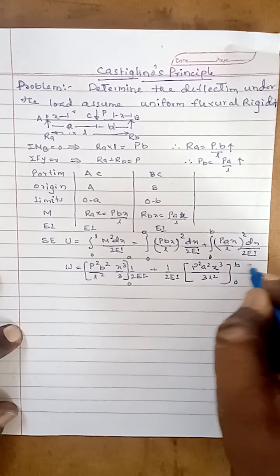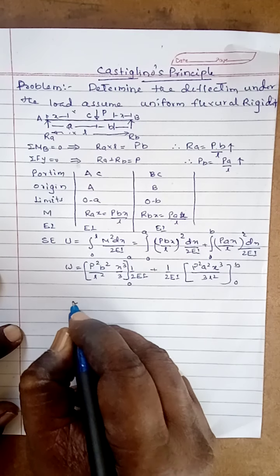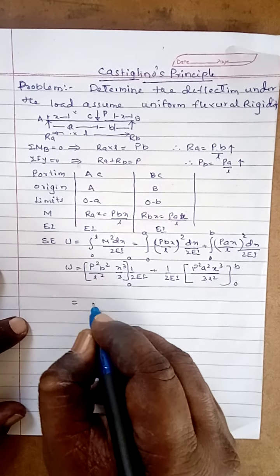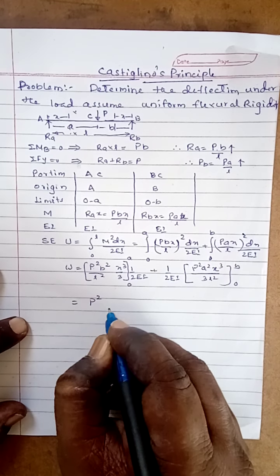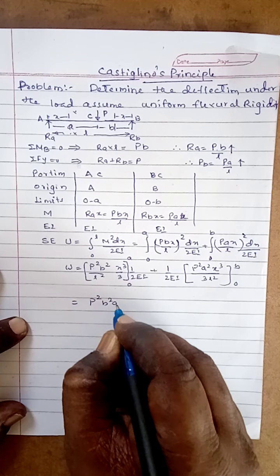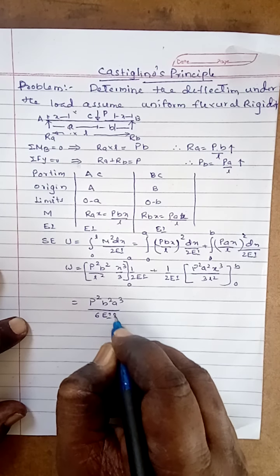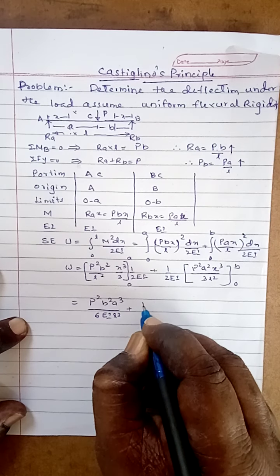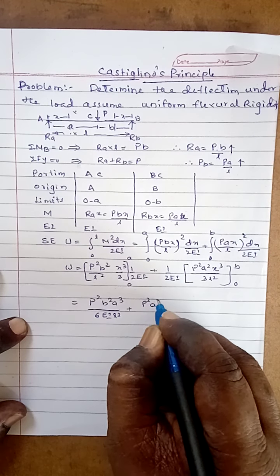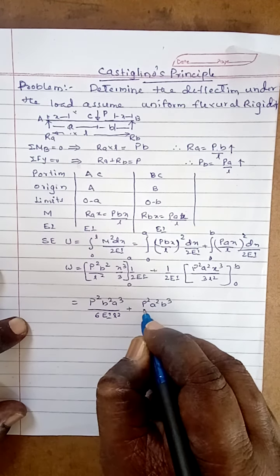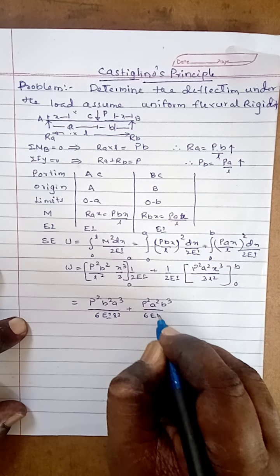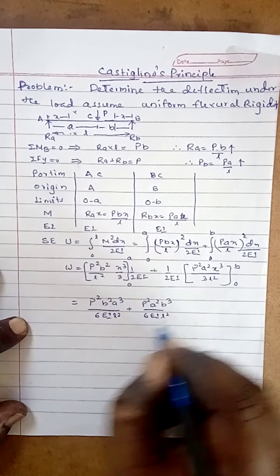The limits are 0 to B. If you substitute the limits, the first term is P square B square A cube divided by 6EI L square. Then the second term is P square A square B cube divided by 6EI L square.